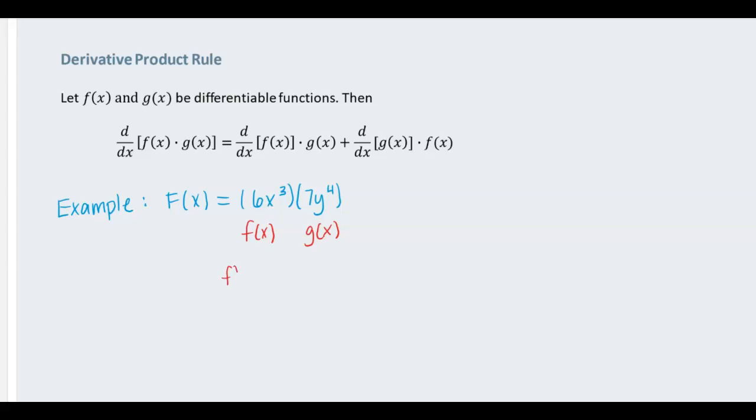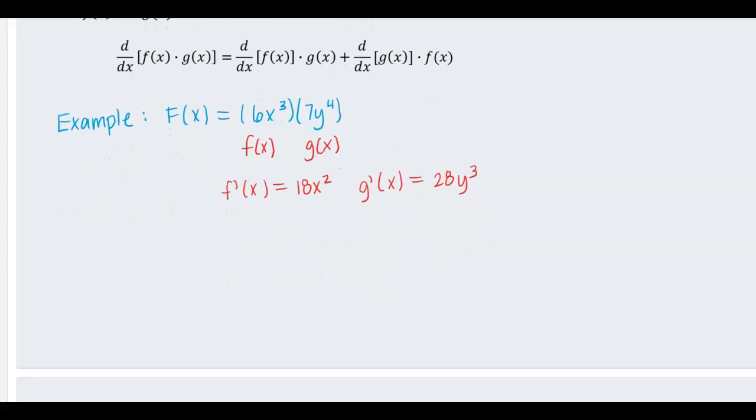The derivative of f of x is 18x squared, using the power rule that we talked about in class. And then the derivative of g of x is 28y cubed, also using the power rule.